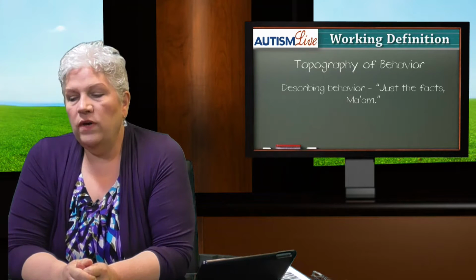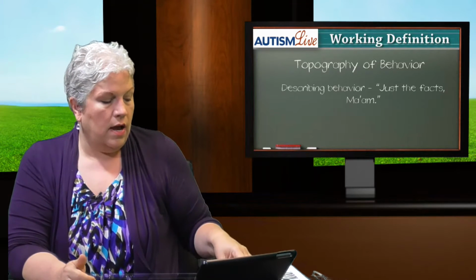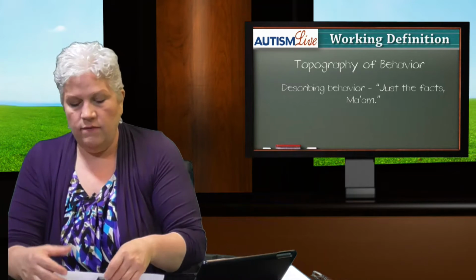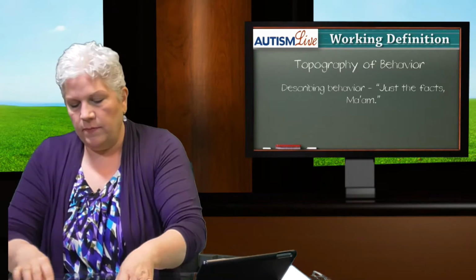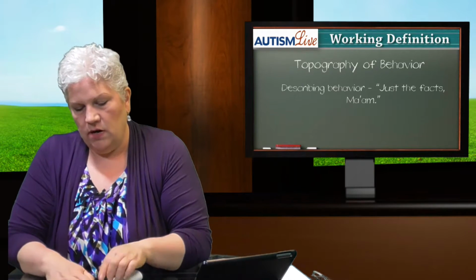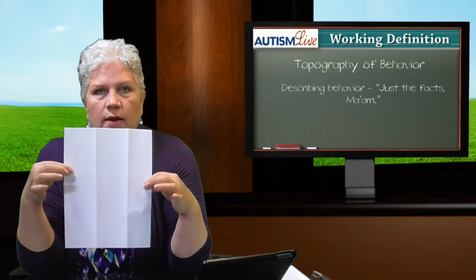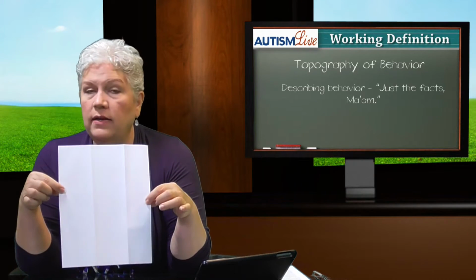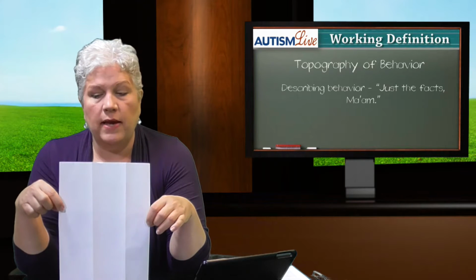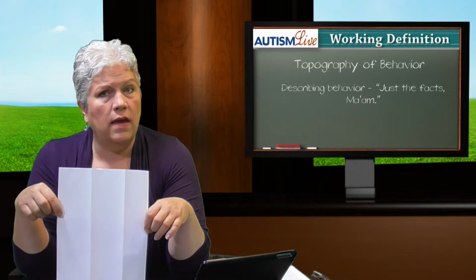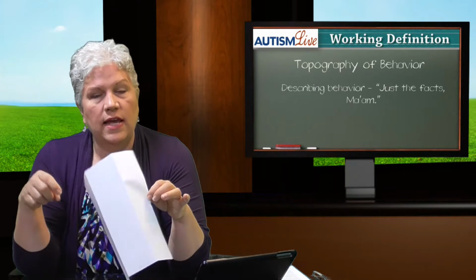Okay, so we've talked before about keeping a diary of behavior. And I'm doing my little origami project here. I'm folding a piece of paper into thirds. One of the things that I recommend, when you're working with an individual on the autism spectrum and having some difficulty with behaviors, is that you give yourself this handy dandy little tool.